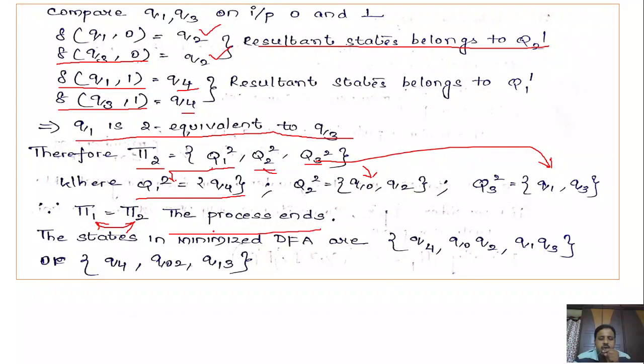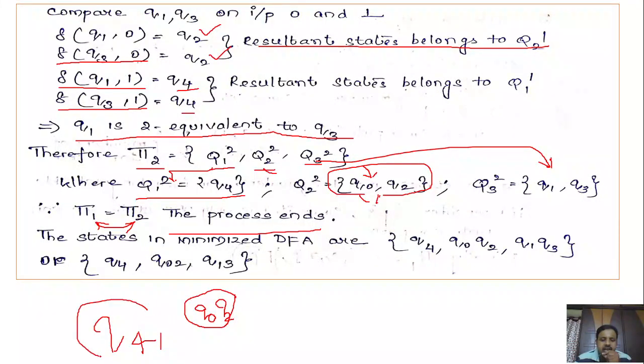So now what are the possible states in the minimized DFA? Q4 is one state. Next, Q0, Q2 we have written as a single set, so these two states must be merged together. Q0, Q2 will be one state. They are not separate states, they are one state. Q4 is one state, Q0, Q2 is one state, and Q1, Q3 is one state.